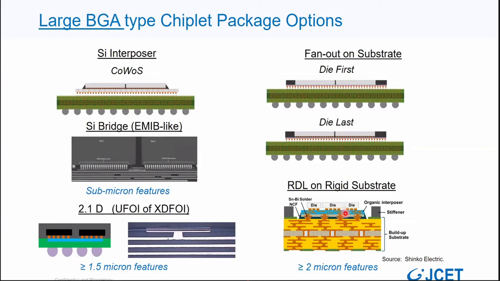Basically, this is something like what Cinco proposed: an organic substrate interposer with stick substrate. Then the die is attached on it, and then attached on the typical FCPGA substrate. So basically, this organic interposer also has the feature of 2-micron line space.